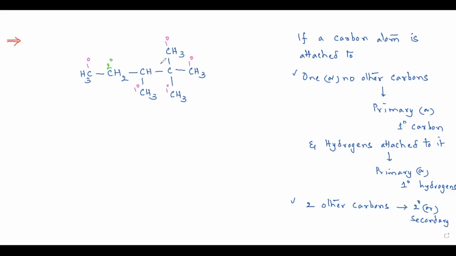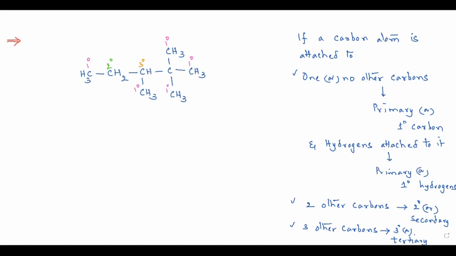Now coming to this, look at this carbon. Connected to this carbon, and even this carbon also, on three sides. So that's a 3-degree carbon, and of course there is only one hydrogen attached. Then we call it a 3-degree carbon or a tertiary carbon.